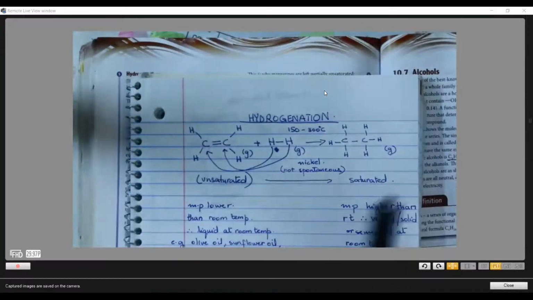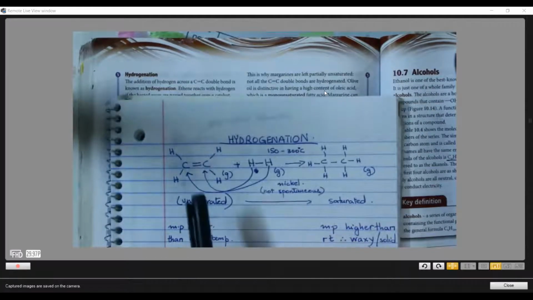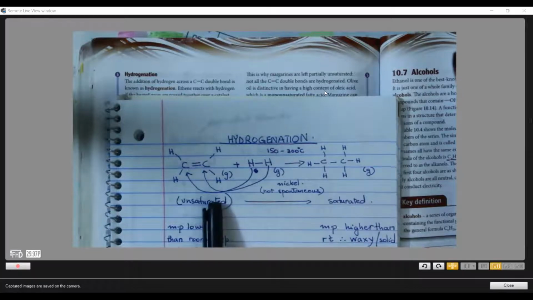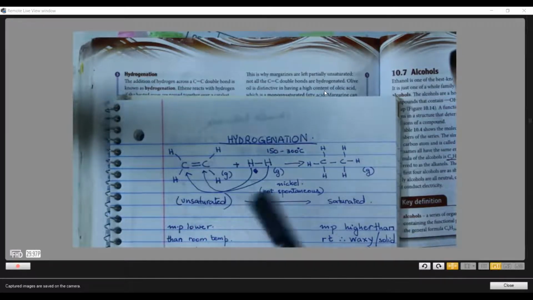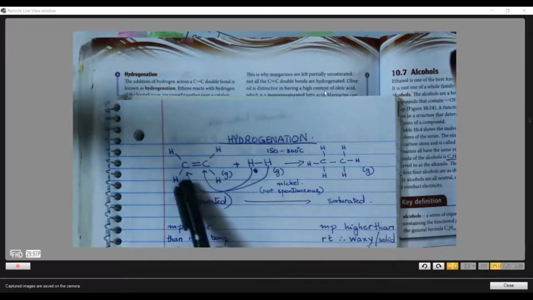Now it's helpful if you make structural formulae of these molecules and then try to understand. This is what I like about organic chemistry, because structural formulae are easy to make, easy to understand, and you can actually see which atom is going where. So you have this ethene. Why is it called ethene?